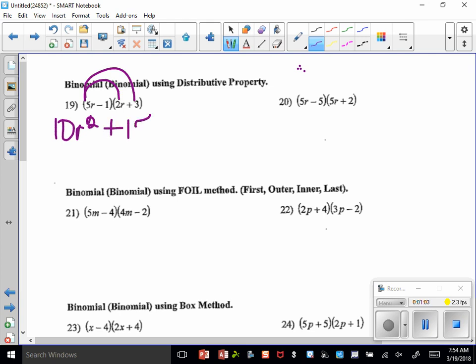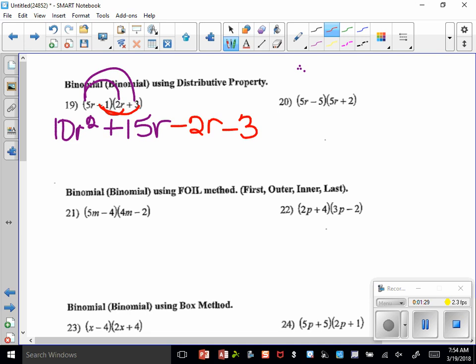That gives me 15r. So all I'm doing is just using the distributive property. But there are 2 terms that I have to distribute versus 1. So now I'm going to start with the negative 1 and do the same thing. Negative 1 times the 2r is negative 2r. And negative 1 times 3 is negative 3, which is the same thing as minus 3.